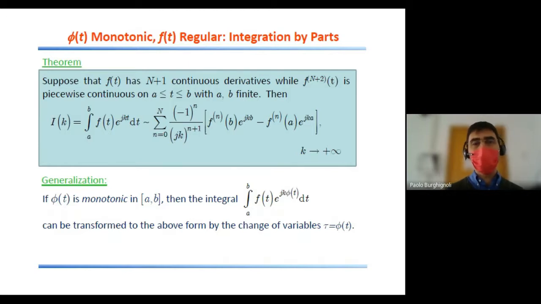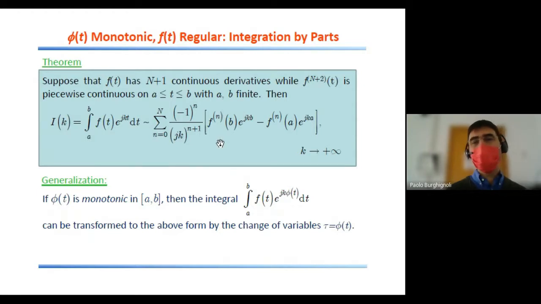So if you integrate by parts, what you get is what you can see in this box, in which we have assumed that our function f has n+1 continuous derivatives, whereas the next derivative of order n+2 is piecewise continuous inside the integration range, with a finite integration range, so a and b are finite.